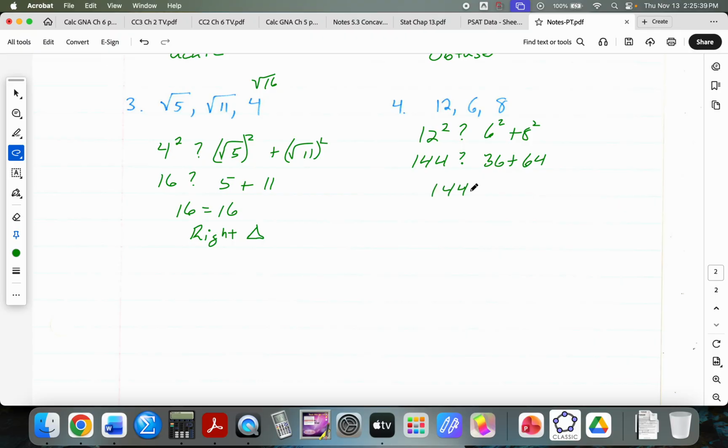This is going to be 144, and this is only 100. So the big side is? Answer my question. The big side is too big. So this is what kind of triangle? Obtuse.